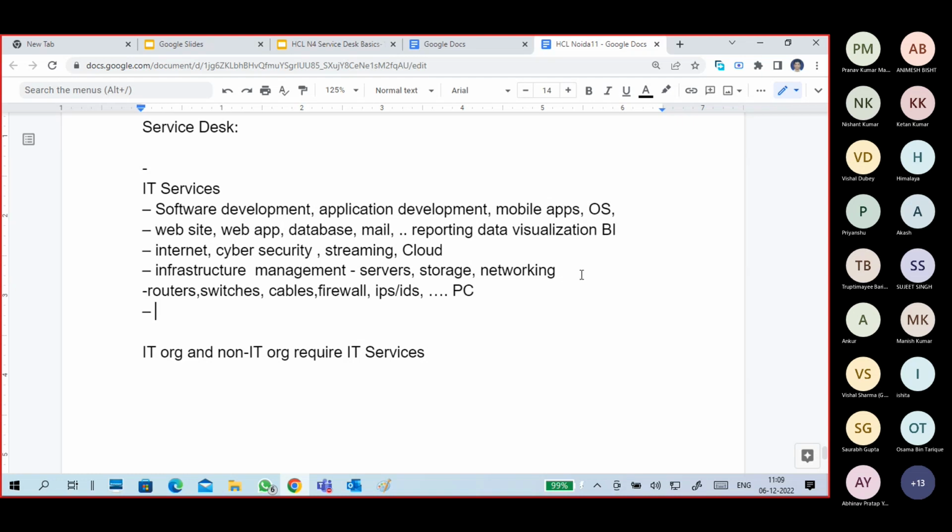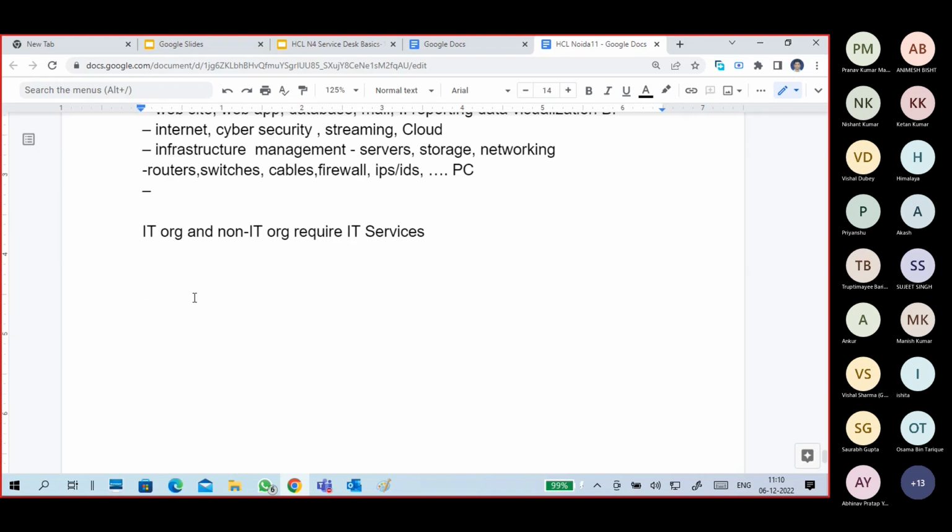So IT service providers provide IT services. Who needs these IT services? IT services are required by both IT organizations and non-IT organizations. I hope you got some small point here.